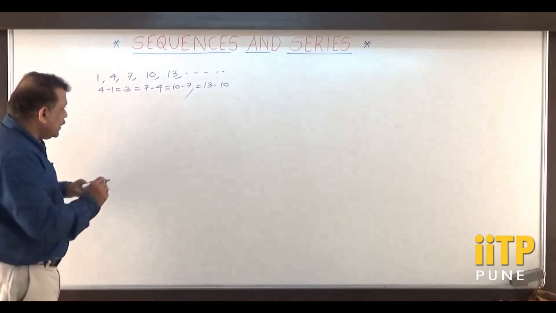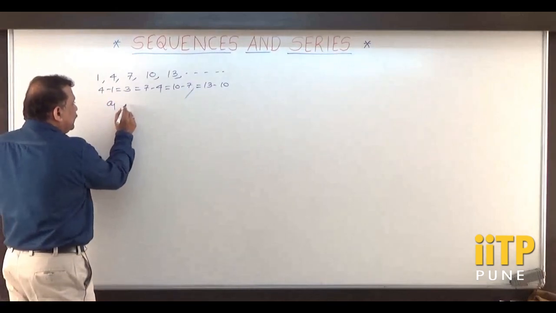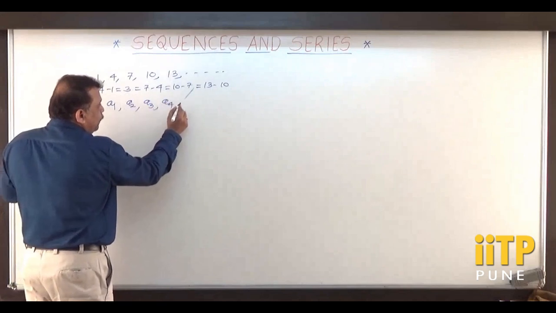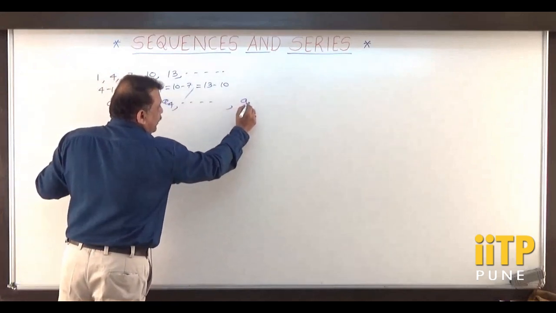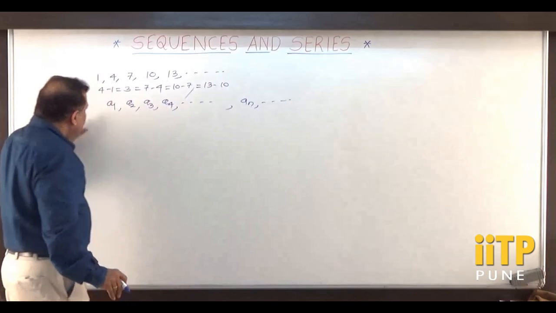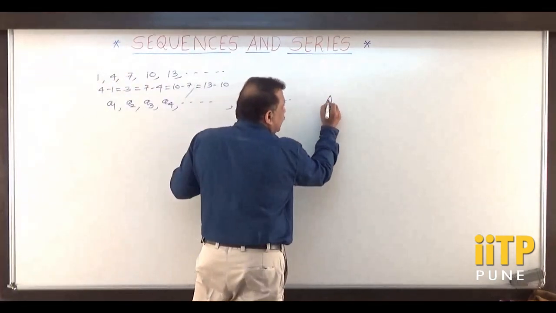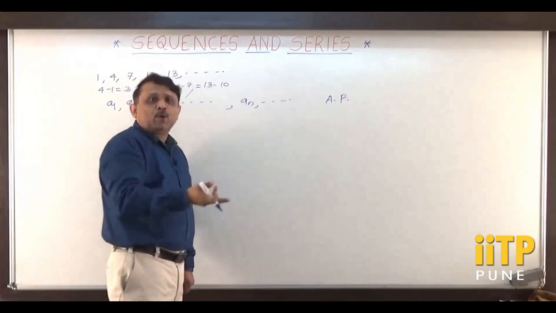So, if I consider a sequence, say A1, A2, A3, A4, ... an, ... this sequence will be called an AP. AP means arithmetic progression.